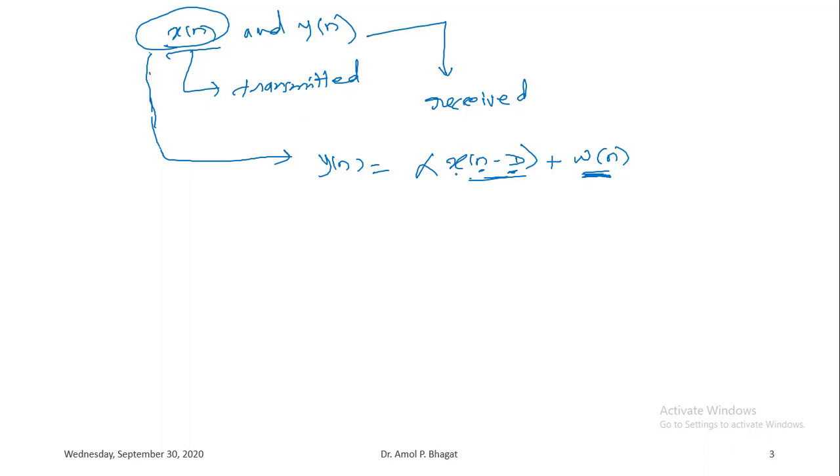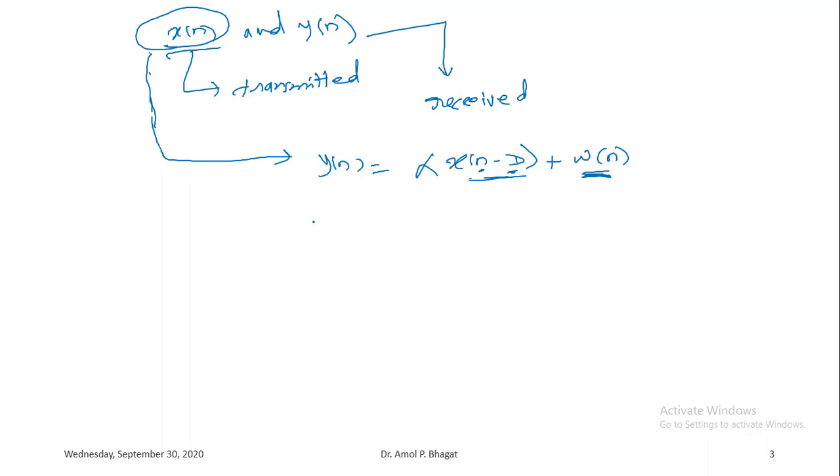Capital D is simply the delay, or it can also be called the round trip delay, assumed to be an integer multiple of the sampling interval, while W of n is the additive noise picked up by devices such as the antenna, and it can be any noise generated by the electronic components and maybe the amplifier contained in the front end of the receiver.